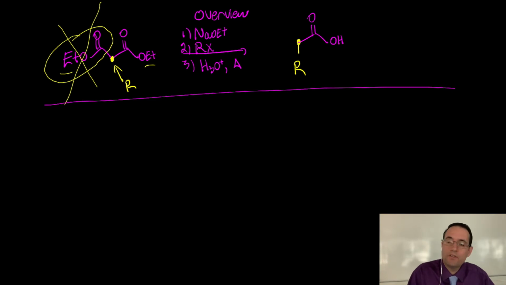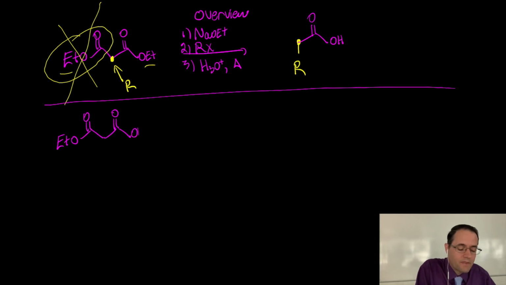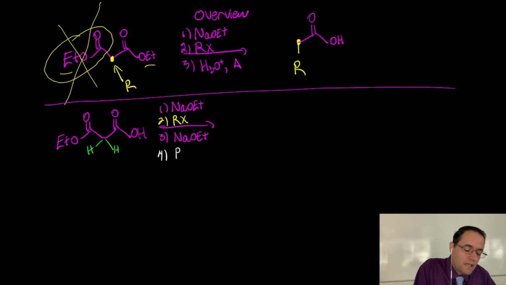Now, you can do this twice, okay? Look at this chemical reaction. We can take diethyl malonate and I just want to refresh our memories that this carbon has 2 alpha hydrogens. So it's possible to treat this with sodium ethoxide, okay, followed by an alkyl halide. Then rinse and repeat. Treat this with sodium ethoxide and then a different alkyl halide.